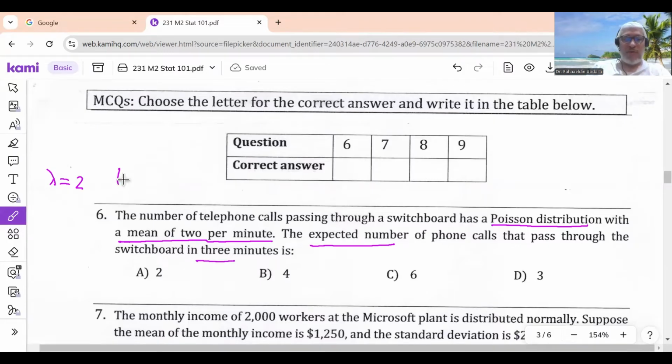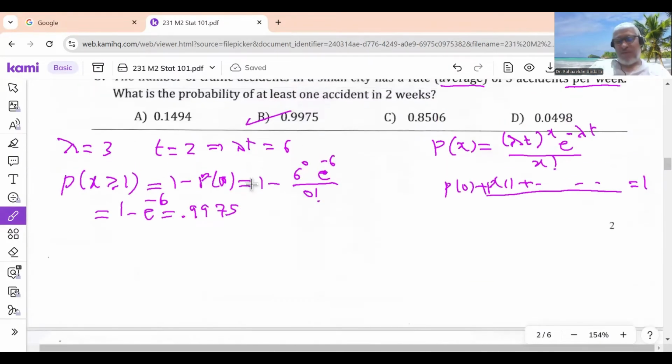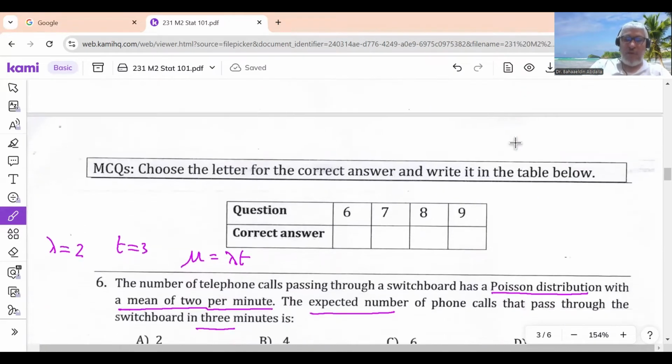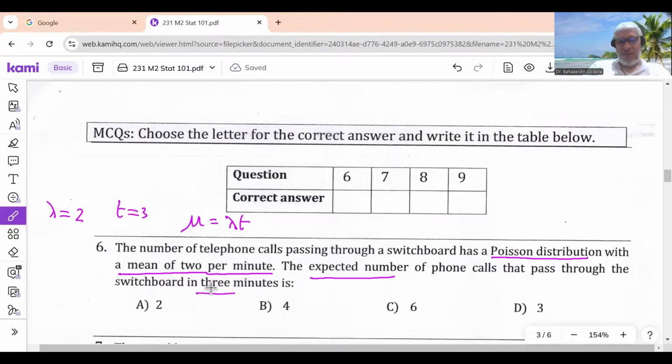So he's talking about 3 segments. So T is 3. The expected number, which is mu, is defined to be lambda times T. The average in one segment is lambda. The average in T segments is mu, and T here is 3. So mu is 2 times 3, which is 6. So the correct answer is C.